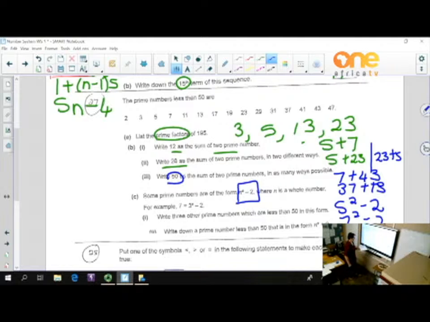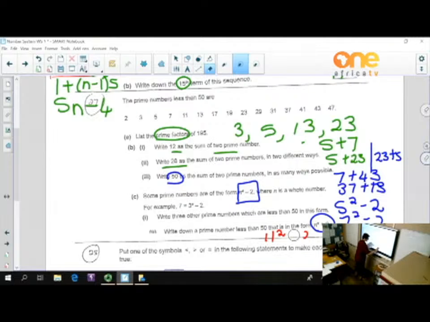And then write a prime number less than 50, which is in this form. Now look there, now it is plus 2, a prime number, which is n squared plus 2. This is error and trial. There is no formula there to get it out there.